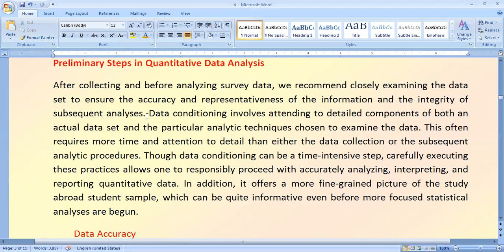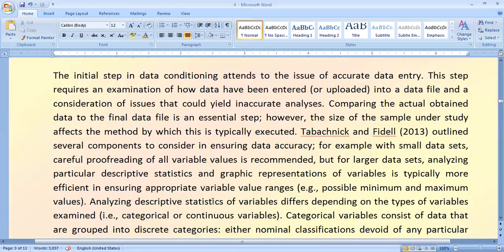Though data conditioning can be a time intensive step, carefully executing these practices allows one to responsibly proceed with accurately analyzing, interpreting, and reporting quantitative data. In addition, it offers a more fine-grained picture of the student sample, which can be quite informative even before the more focused statistical analysis begins. Data accuracy.